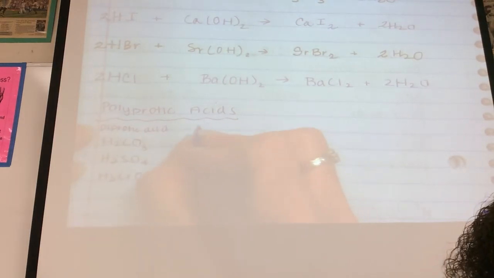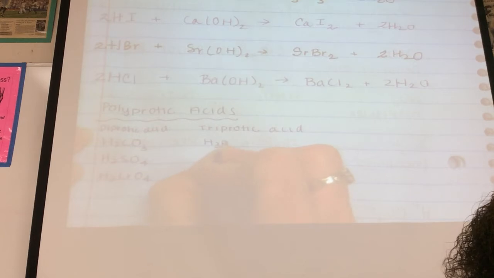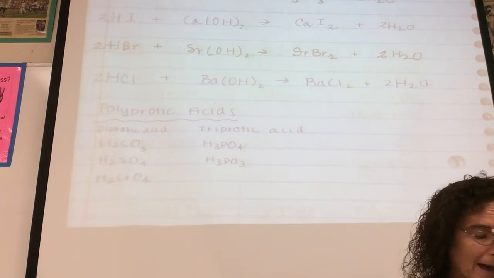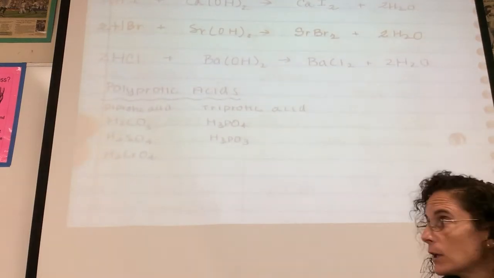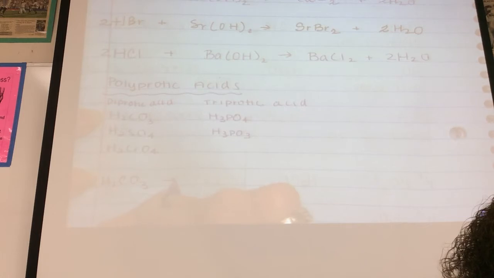Another type of polyprotic acid is a triprotic acid. For example, phosphoric acid or phosphorus acid. And if you look at these acids, for example, carbonic acid, this is actually a reversible reaction.